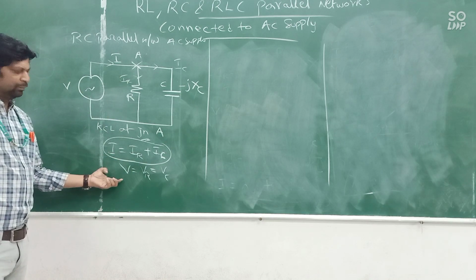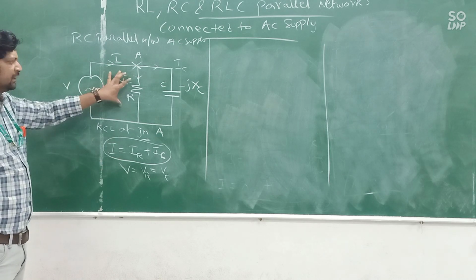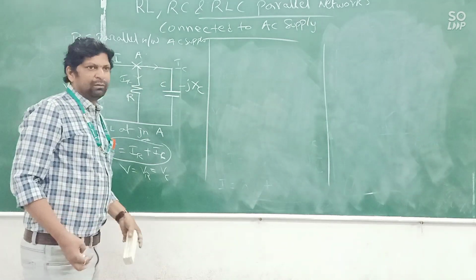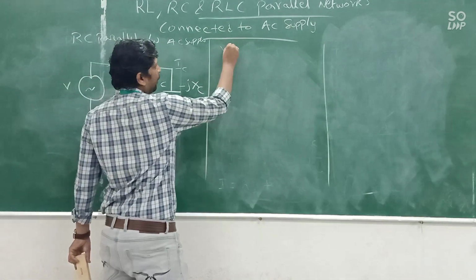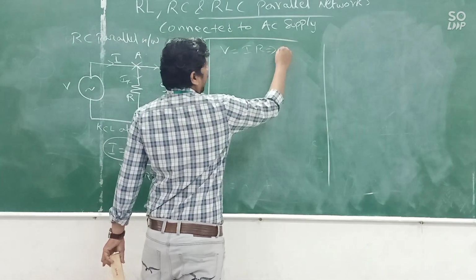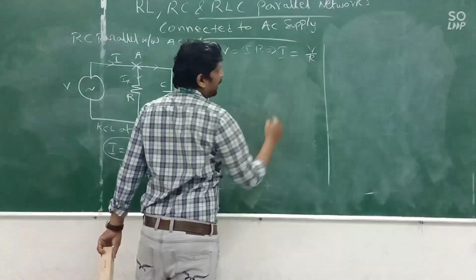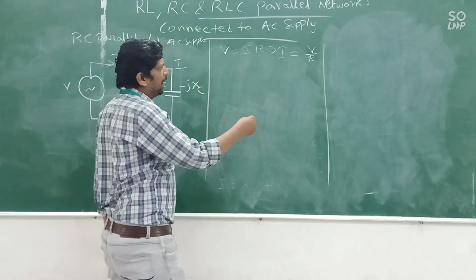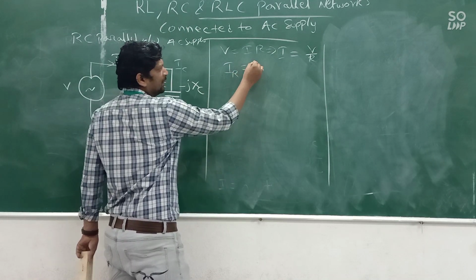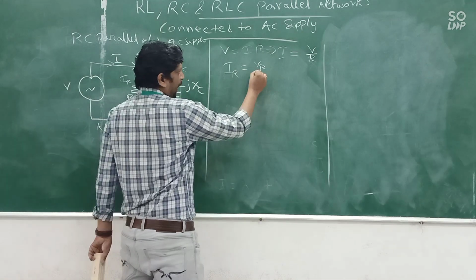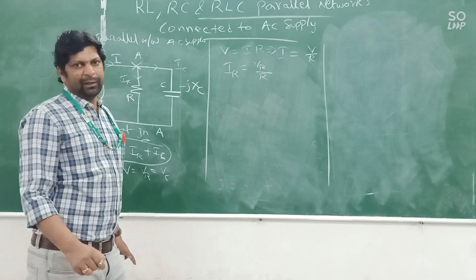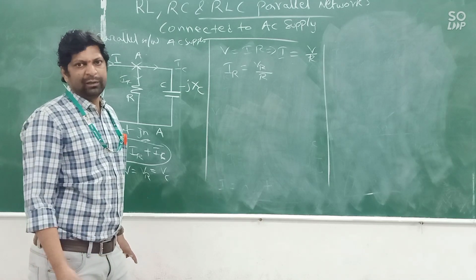In parallel branches voltages are equal. So V is equal to supply voltage, V is equal to voltage in resistor, which is equal to voltage in the capacitive reactance. If I take Ohm's law, V is equal to IR. From here, I is equal to V by R. Here the current flowing in the resistor is IR, voltage in the resistor is VR and the resistance is R. We know that in a parallel network, reciprocal of resistance is conductance.